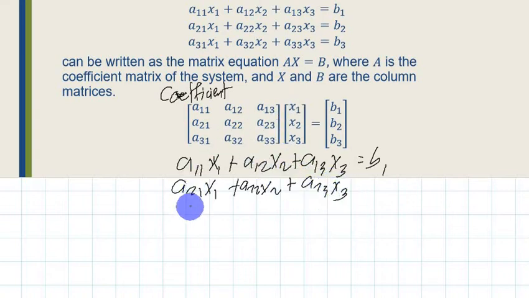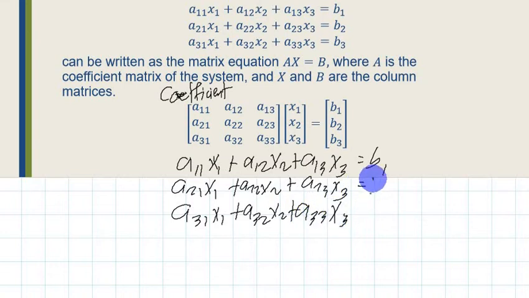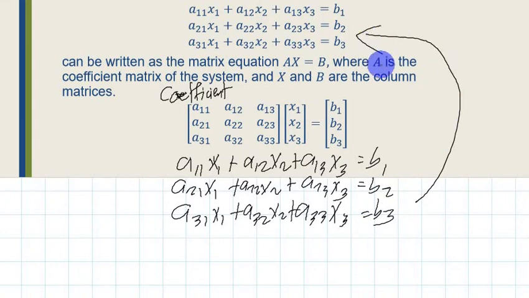Then the other one, a sub 3,1 times x sub 1 plus a sub 3,2 times x sub 2 plus a sub 3,3 times x sub 3, which in turn will just make us go back to the original system. So we can represent a system of linear equations as a matrix equation AX equals B, where A is the coefficient matrix of the system and X and B are column matrices. X is the column matrix of the variables, B is the column matrix of the constants.